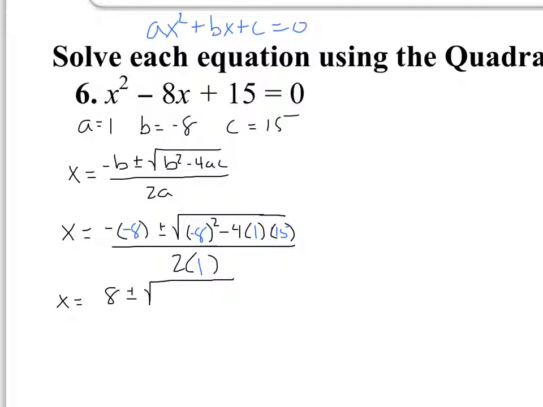Now, we have negative 8 squared, which is 64. We have negative 4 times 1, that's negative 4. What's negative 4 times 15? Negative 60. All over 2 times 1 is 2.